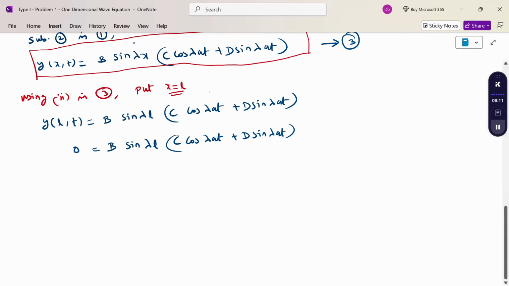When I consider this whole term non-zero and take it on the left hand side, b sin lambda L equal to 0. In this situation, what is the possibility? b equal to 0 or sin lambda L equal to 0.